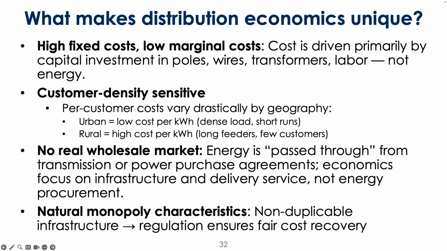Yeah. What do you mean by the energy is passed through? So unlike generation, the distribution system doesn't operate in a market mechanism. People aren't bidding money to use the wires.